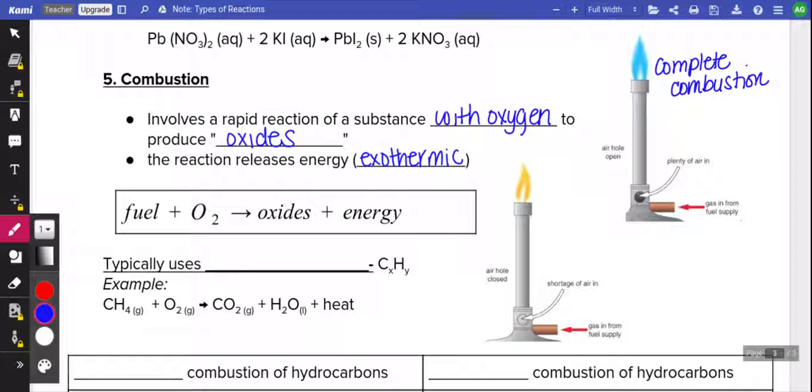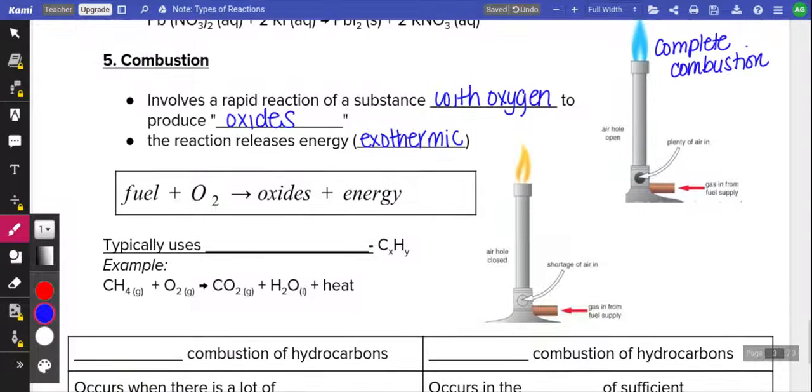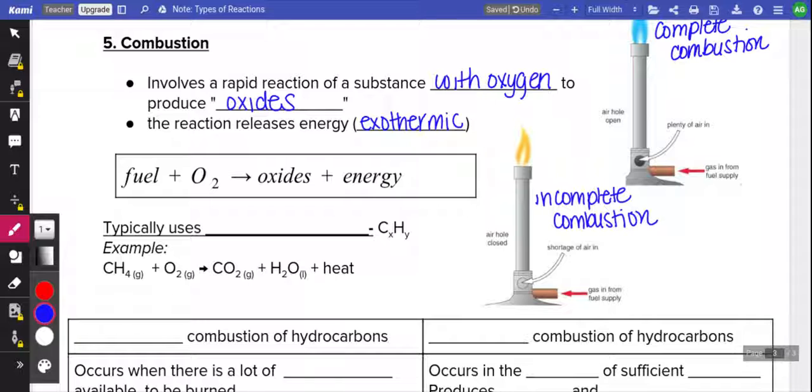The orange flame has less oxygen coming in, and that causes incomplete combustion, because we just don't have enough oxygen required to really do the reaction well. We'll talk about the different types of complete and incomplete combustion in just a second.